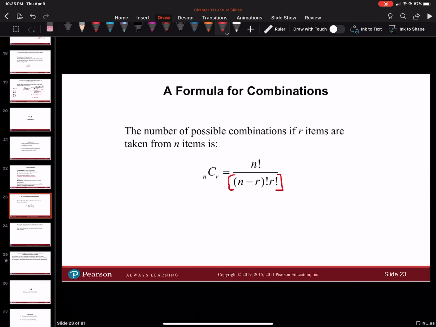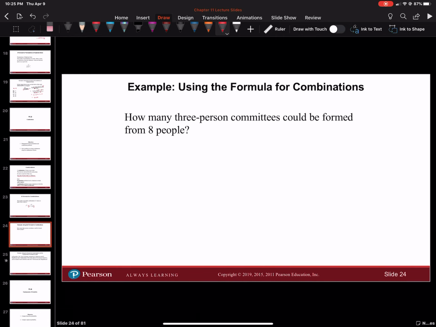So let's look at a question that we're going to use this with. How many 3-person committees could be formed from 8 people? So we have N equal to 8, and R equal to 3. If you remember with the permutation question like that, they actually gave titles for each one.